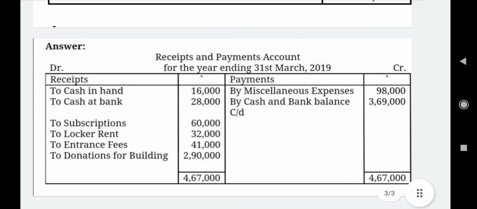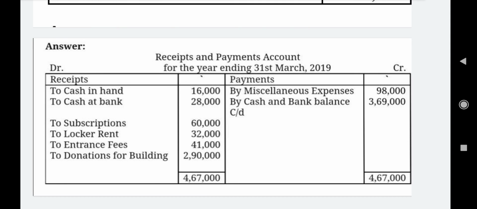Now the debit side and the credit side: the receipt side has 16,000, 28,000, 60,000, 32,000, 41,000, and 2 lakh 90,000. And on the payment side you have only 98,000. Your receipt is more than your payment, so whatever the balance is will go on the payment side, that is the closing balance for cash and bank.